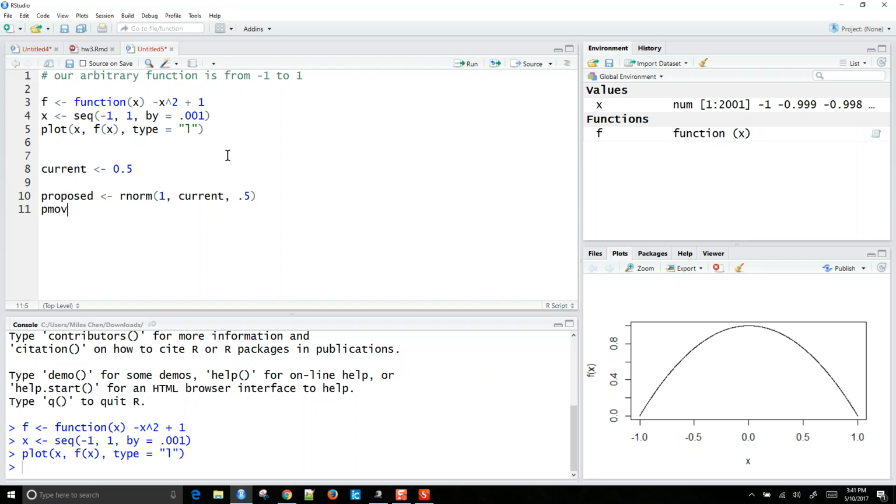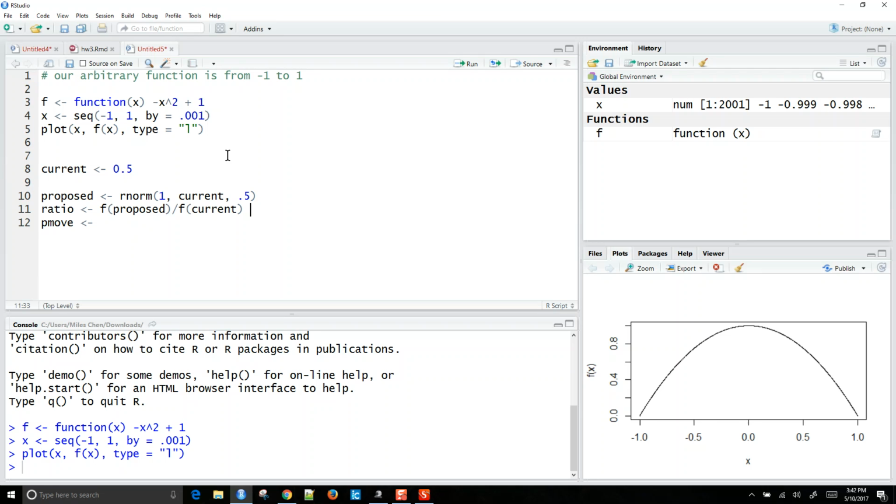So I'll just call this p move, and p move, well, let's do our ratio first. So our ratio is going to be f of the proposed value divided by f of the current value. Right? This is what we have.